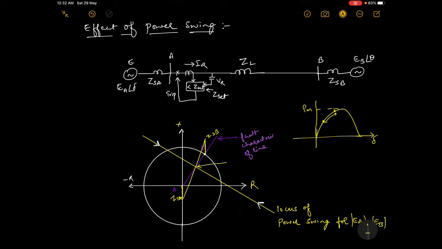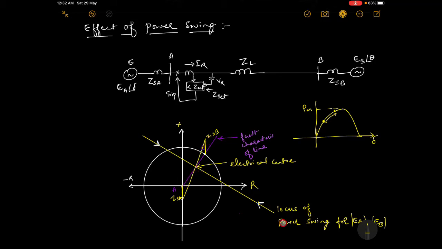So this point is our electrical center. Wherever this locus comes in contact is decided by ZSA and ZSB. Okay, I hope you have got it now.